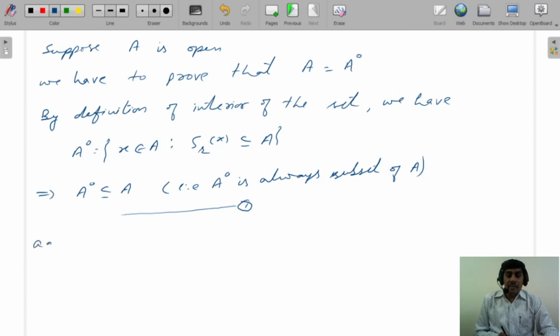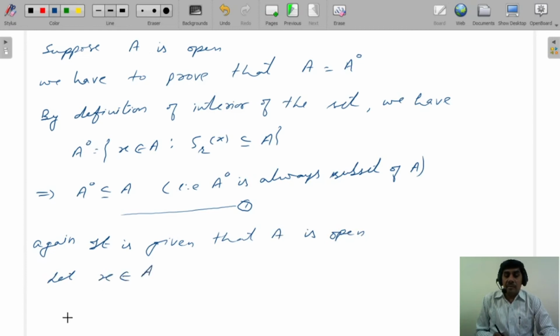Again, it is given that A is open. Let x belong to A. This implies A is a neighborhood of x.